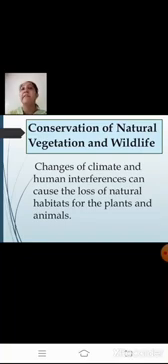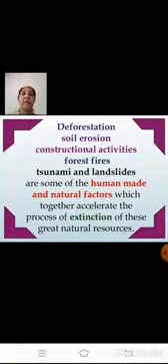Now, forests are our wealth. Do you all agree with this thing? Yes. Plants give shelter to the animals and together they maintain the ecosystem. Changes of climate and human interference can cause the loss of natural habitats for the plants and animals. Many species have become endangered species.